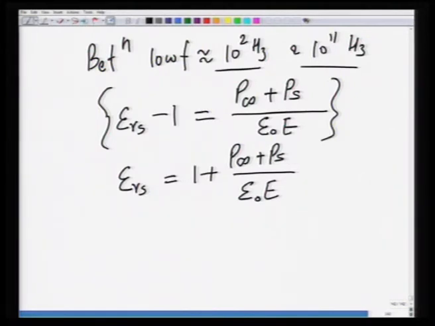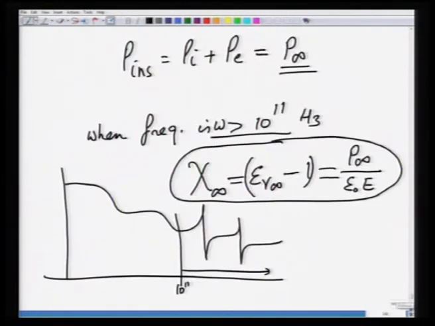So, if we make use of these two equations, we can write epsilon r s minus 1 to be equal to, now from the previous equation you can see what P infinity is.